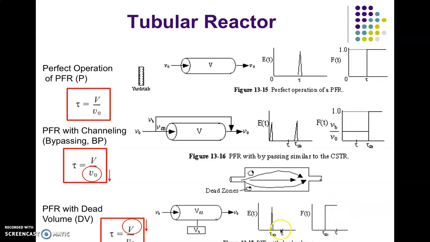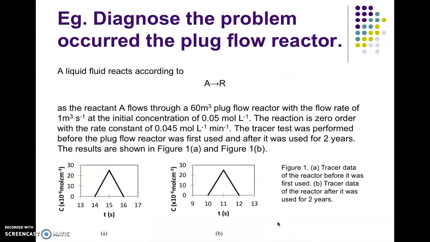You see the initial tau here, but when you look at the C curve, the latest tau is smaller than the initial tau. So maybe it has a dead volume. When you work through this example using the tracer data, most probably it will produce the same finding.